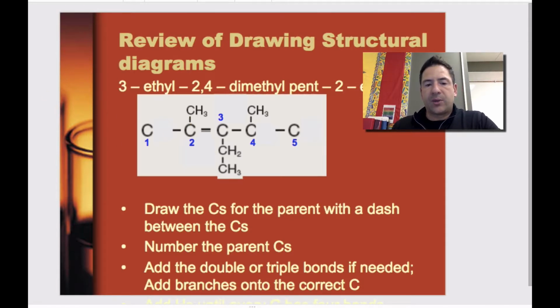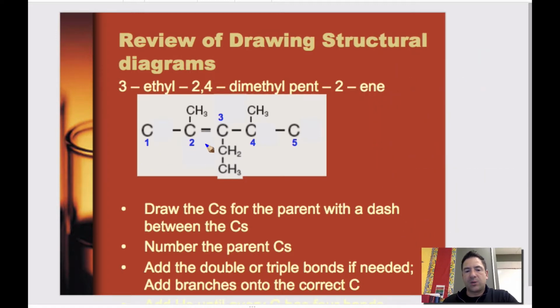Now that we have that, we can actually name it. So if we have our 1, 2, 3, 4, 5, then based on our previous chart of alkanes, 5 carbons is going to be pentane. And now what's different here is that this has a double bond. So now that ending has to change to -ene. So now it's actually pentene.